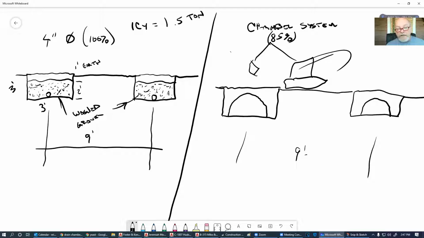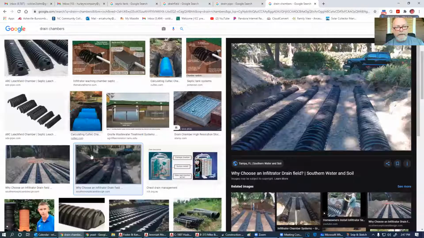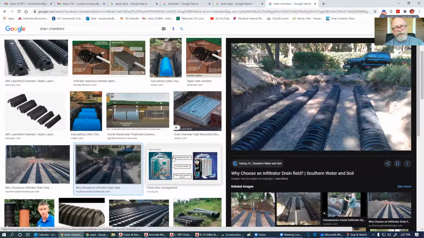Don't drive over your septic tank. Don't drive over your drain fields, and you will have an okay time with that. You can carry these things in by hand. These are very light. I think I carried about 4 of them at one time. They're just bulky. They're about 5 feet long and 3 foot wide, and they're just thin plastic.